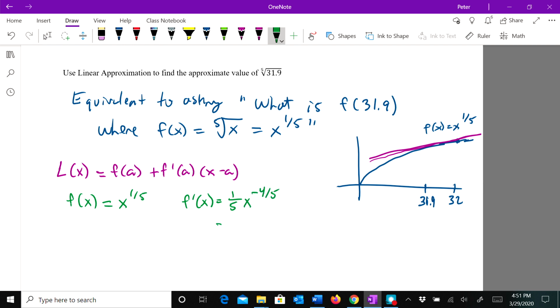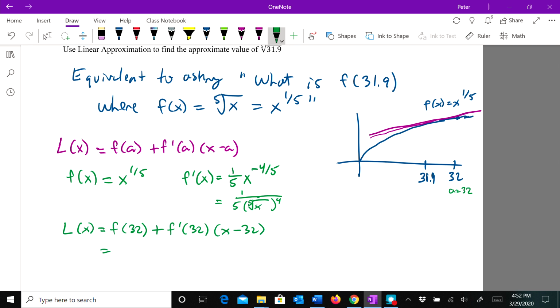Just rearranging that a bit, that comes out to 1/5 fifth root of x to the 4th power. So we're going to choose a equals 32. So that gives us L of x equals f of 32 plus f prime of 32 times x minus 32.